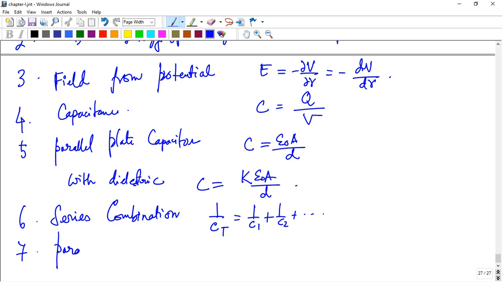Parallel combination: C total equals C1 plus C2 and so on.